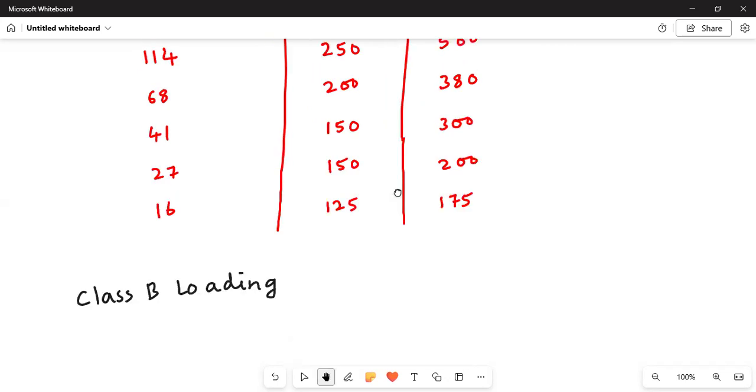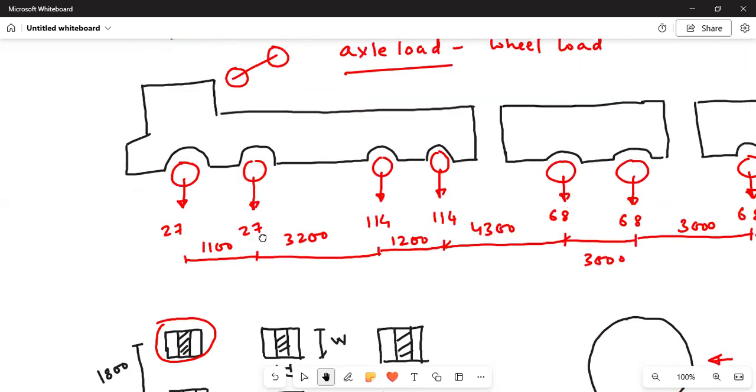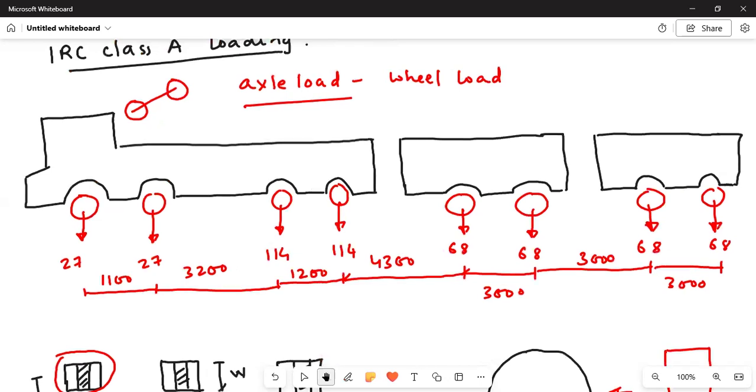I'll write here with the green color, instead of copying.